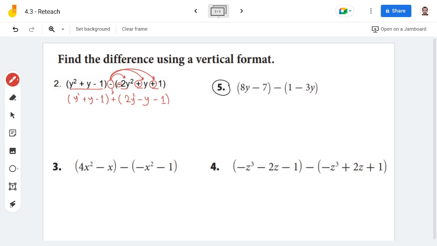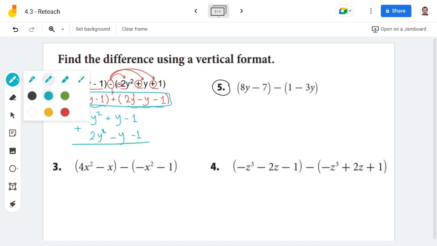So as you can see now, the question has become similar to what we learned in 4.2, which is adding polynomials. So we have this polynomial and this polynomial, so we add them together. Okay, so now y squared plus y minus 1 plus 2y squared minus y minus 1.